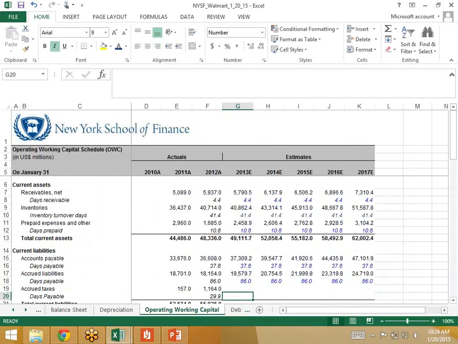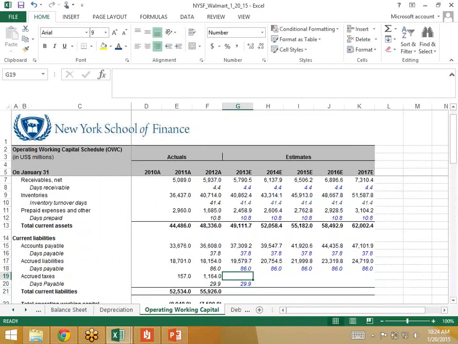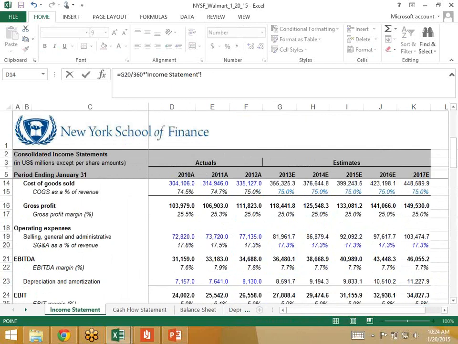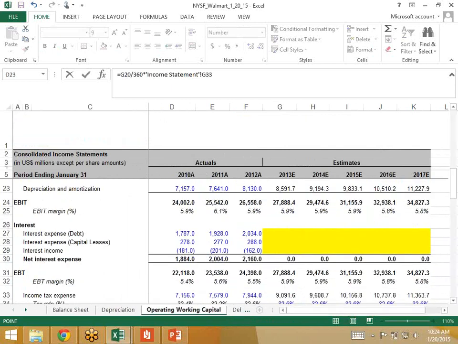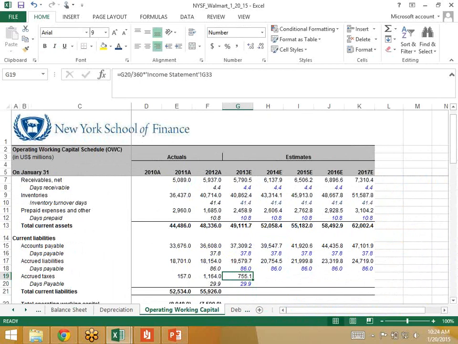And accrued taxes, which is 29.9, which is the days, divided by 360 times income tax expense. So I did that a little bit fast, so let me know if you want me to look at formulas.